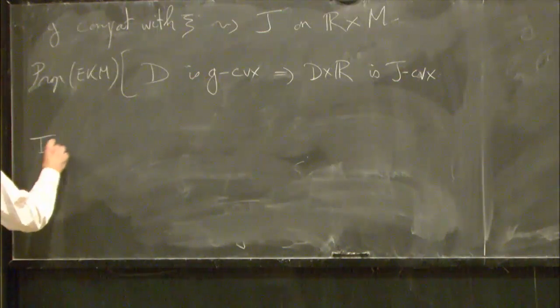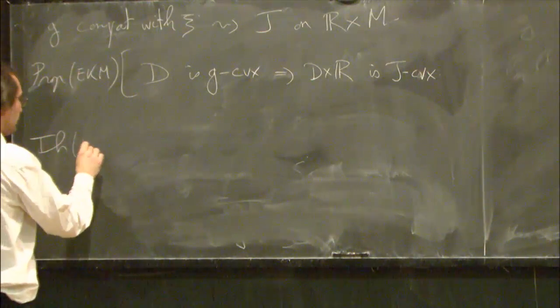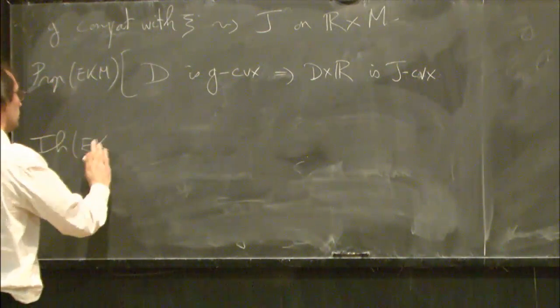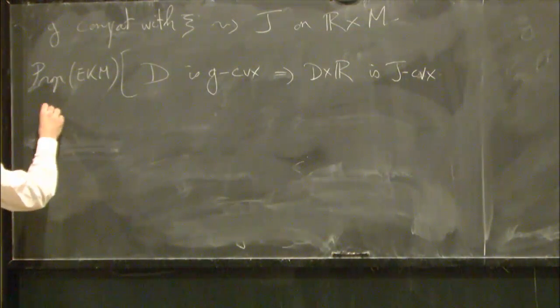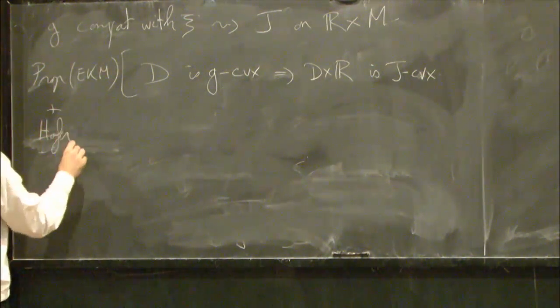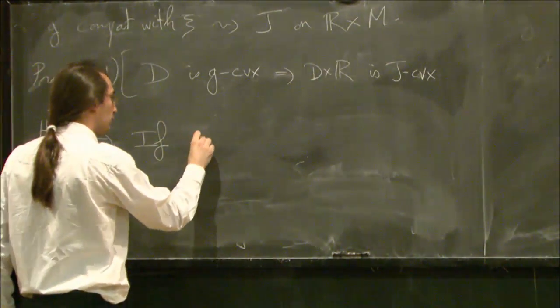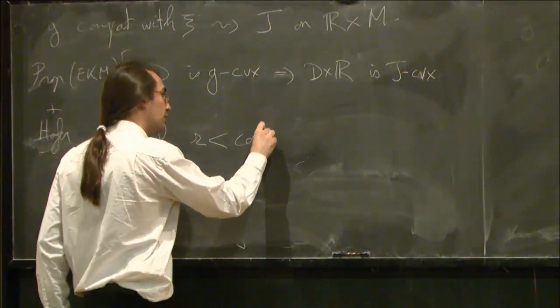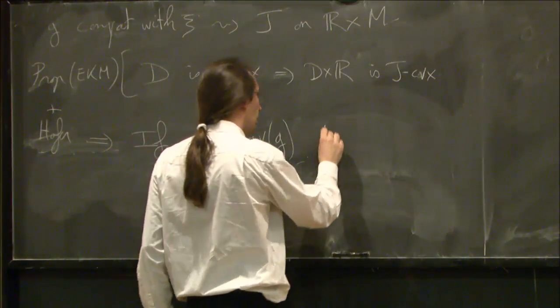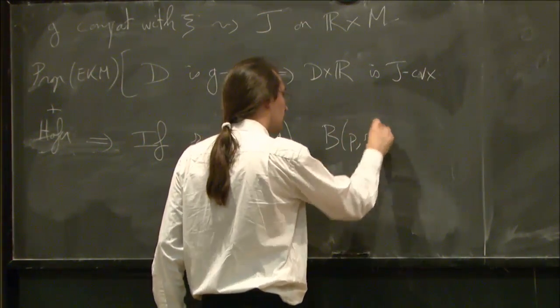And then you get, as a corollary of this proposition, so you should say that the proposition plus Hofer implies that if some radius is below the convexity radius of a compatible metric, then the ball with this radius is tight.